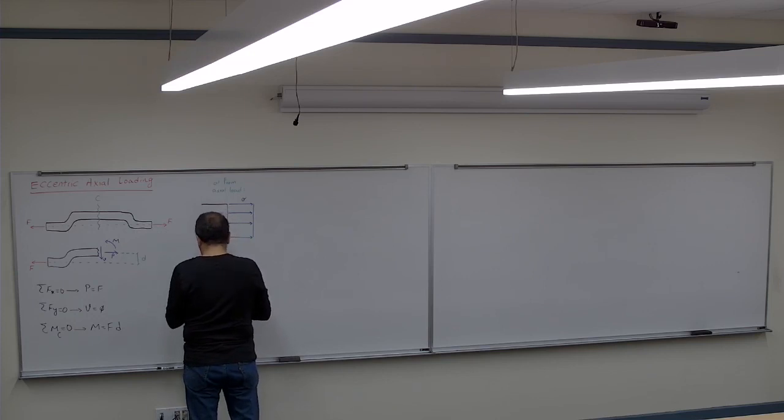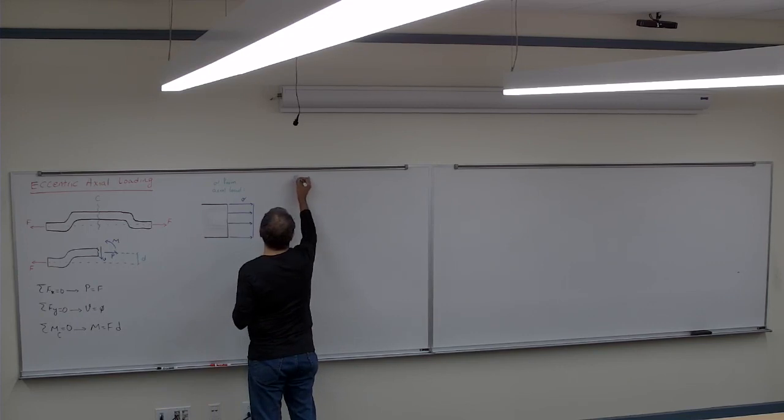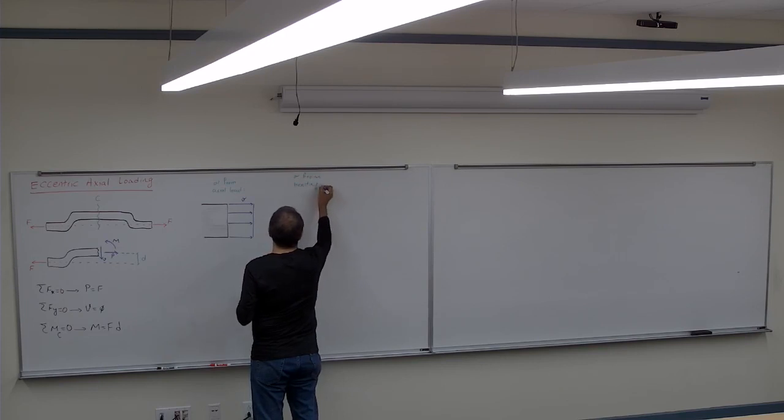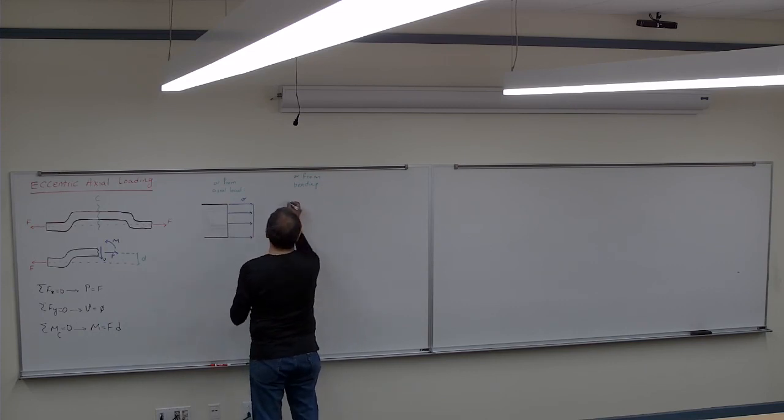Then I draw the sigma from bending, so I have this M cross section.